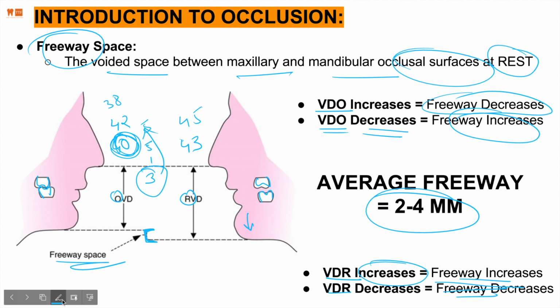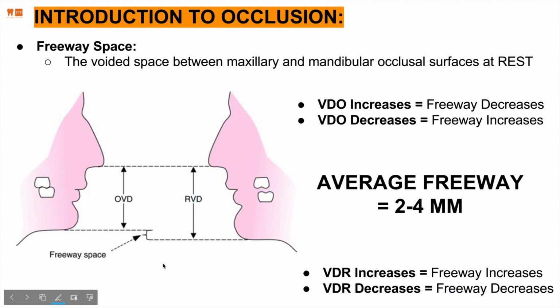So that thumb rule really helps us when a question is asked, such as, what happens when the vertical dimension of occlusion is increased? Well, it's completely opposite of freeway space. VDO increases, freeway space decreases. But vertical dimension at rest, when that increases, freeway space increases.